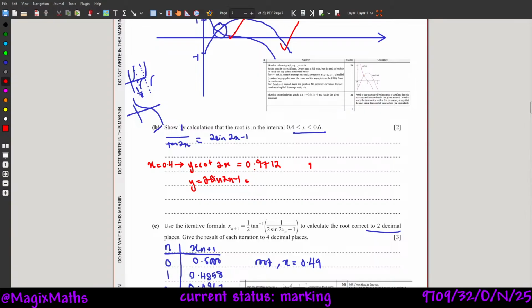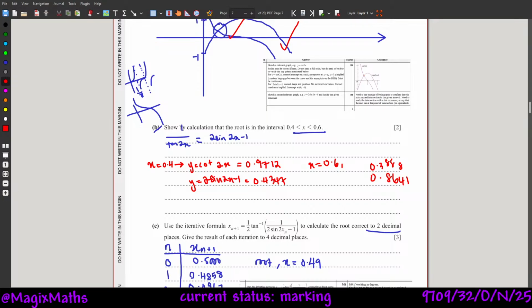Then we have, so when we put in these values, right, we have two values of y for x equals 0.4.